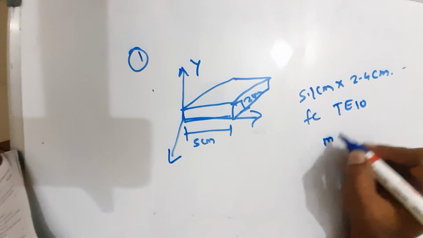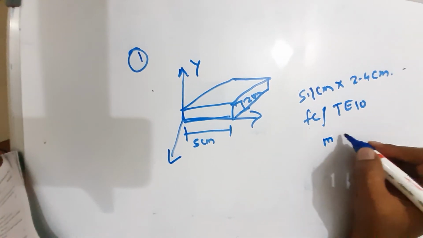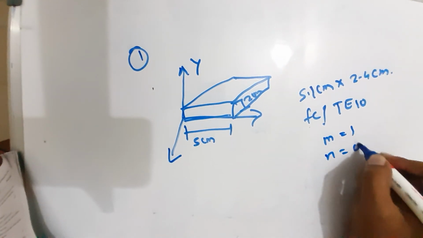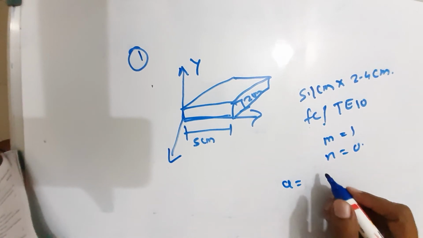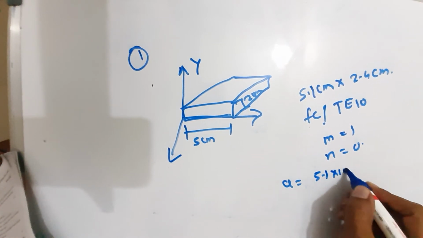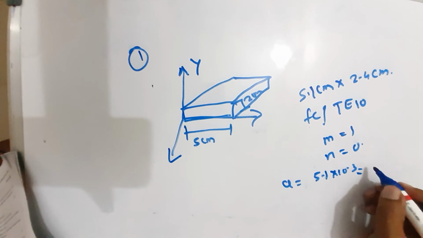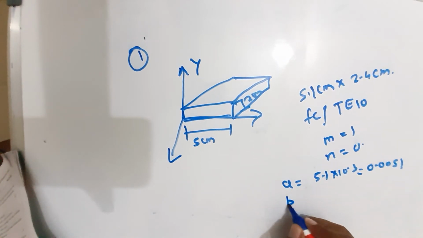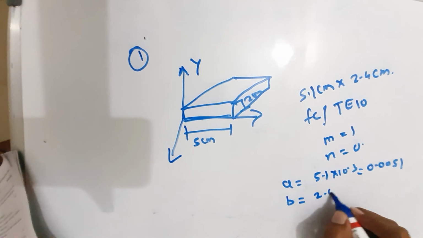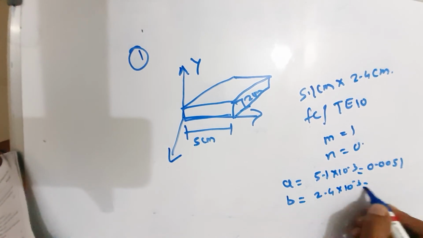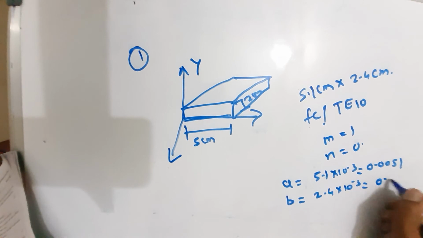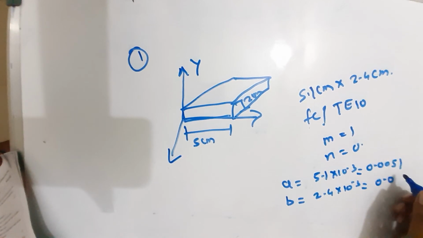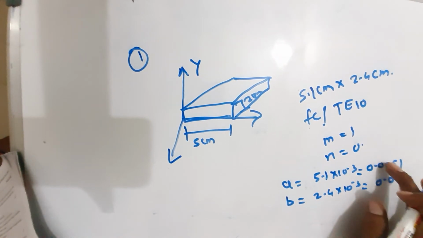Just remember, here we have to find out the cutoff frequency. m equal to 1, n equal to 0, a equal to 5.1 into 10 raised to minus 3, that is 0.0051, and b equal to 2.4 into 10 raised to minus 3, that is 0.0024.